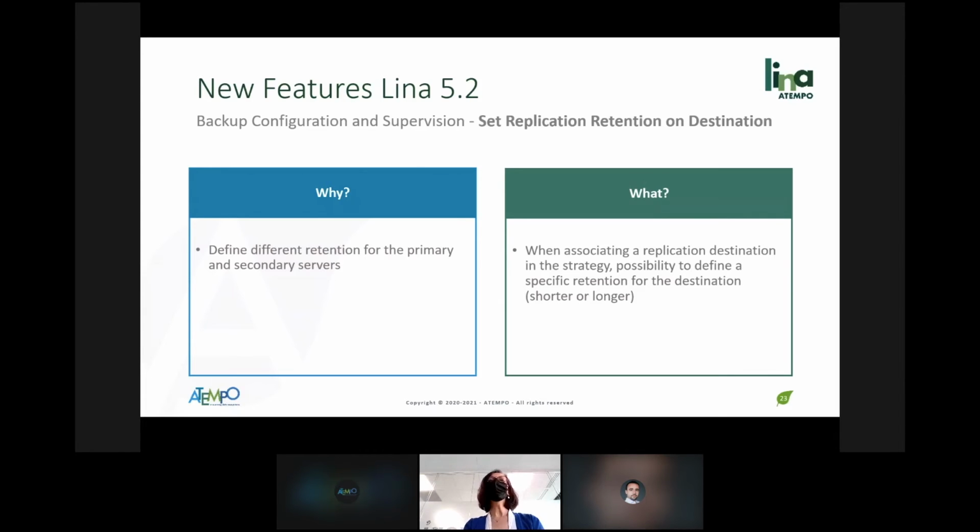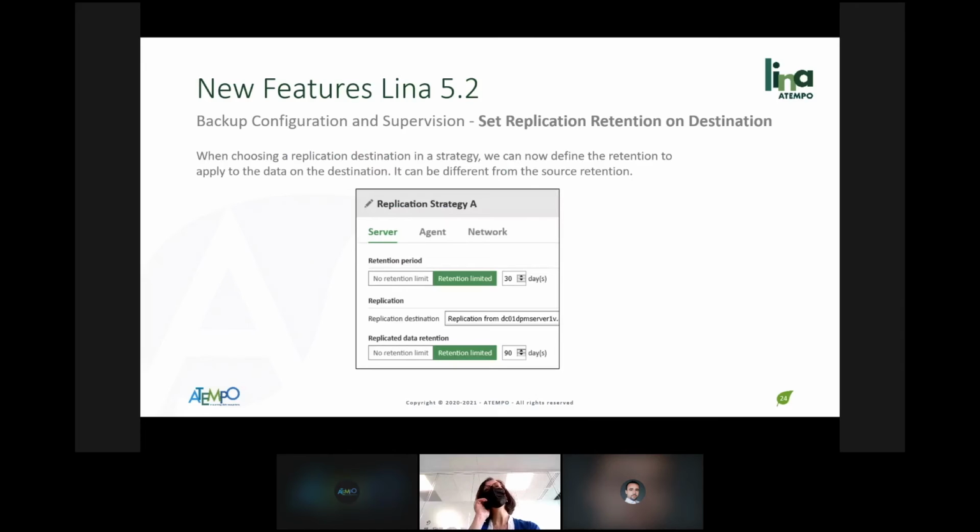This will allow you to have a different retention on the primary and secondary server, which can be useful if you want to keep, for instance, the data longer on the secondary server and free some space on your primary server. So when you create your strategy, so when you create a replication, you will be able to enter the retention period for the primary and for the secondary, and you can set different times for both.